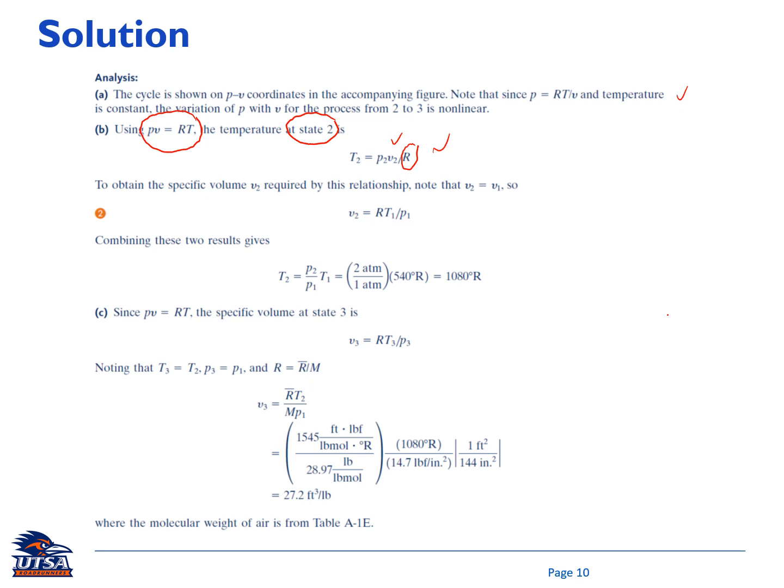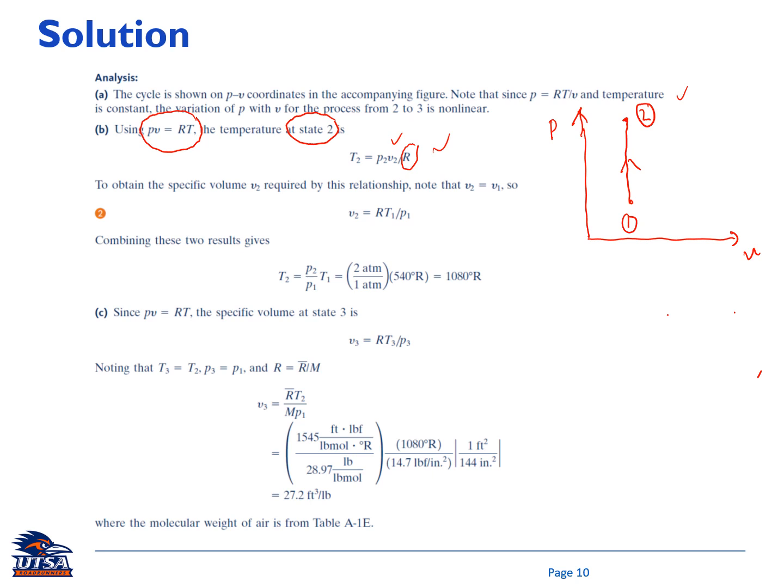If you remember the process from state 1 to state 2, let me redraw the PV diagram again. From state 1 to state 2, it occurs under constant volume.